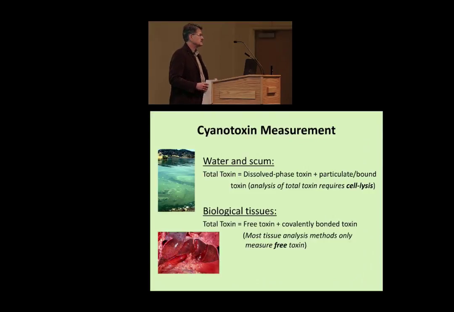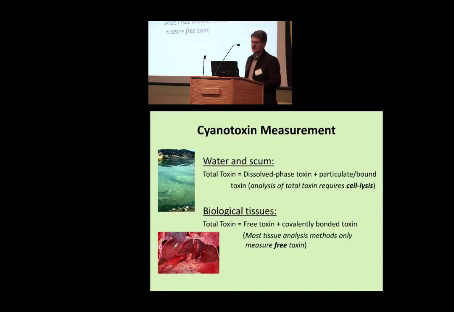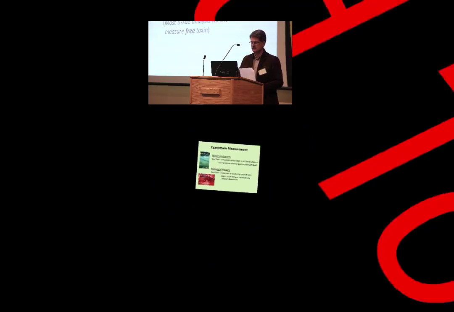For biological tissues, it's more complicated. The total toxin is equal to the free toxin plus the covalently bound toxin. Most tissue analysis methods currently only measure the free toxin, because it takes a pretty severe oxidation step to free the covalently bound toxins.